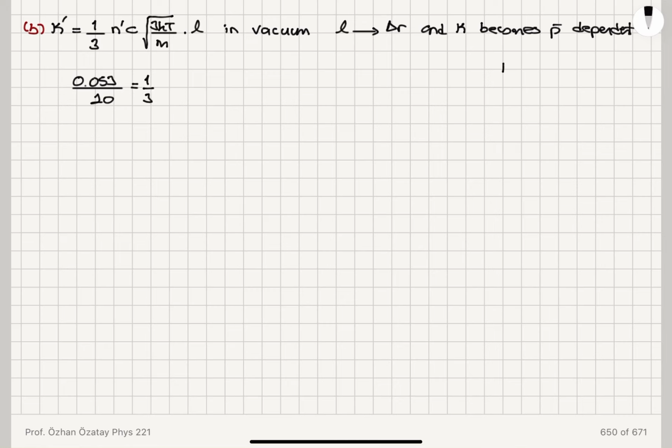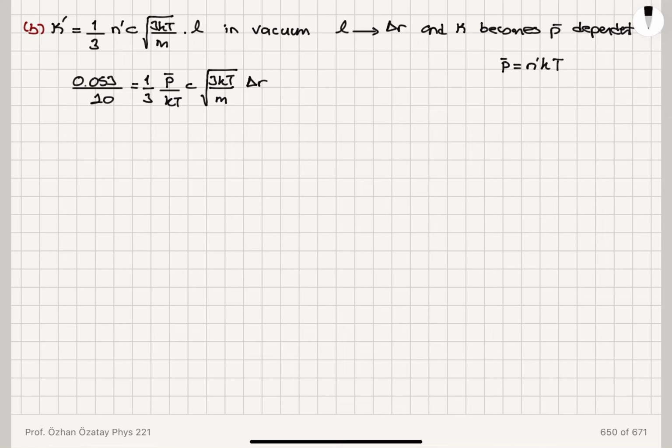Now, at the same time, we have the ideal gas law. P bar is n prime kT. So we can use for n prime, P bar divided by kT. That's due to the equation of state, ideal gas law. Then we have c bar, square root of 3kT over m, for the mean speed of the molecules.